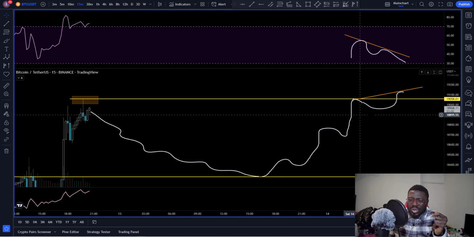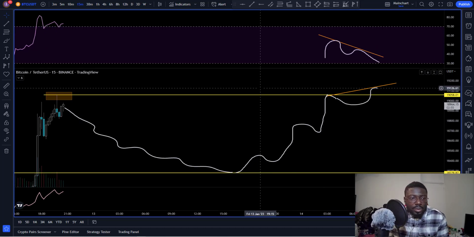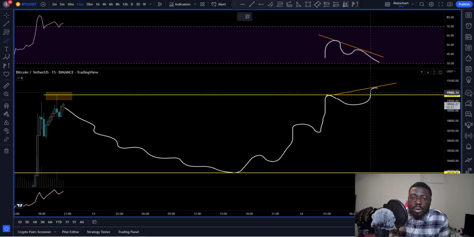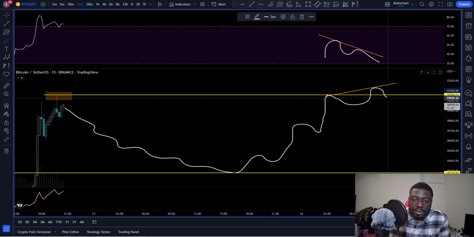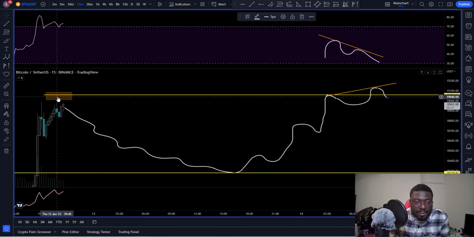Another thing you should wait for, and I forgot to say this on time, is that you need to wait for this particular move to come back below this level. You need to see this move up come back below this particular high before you go in on a trade.